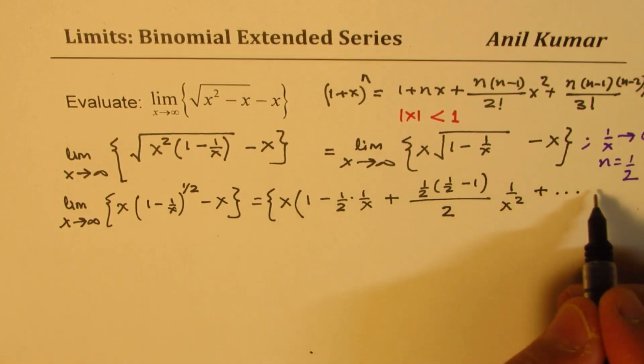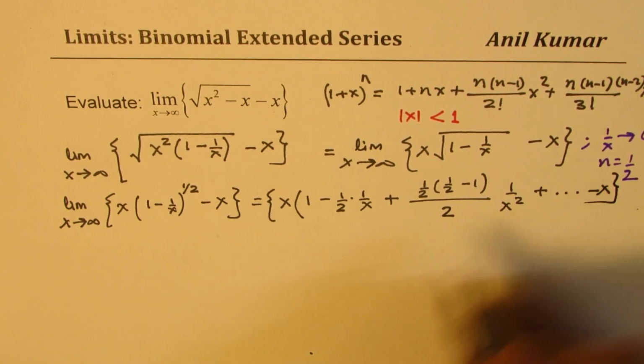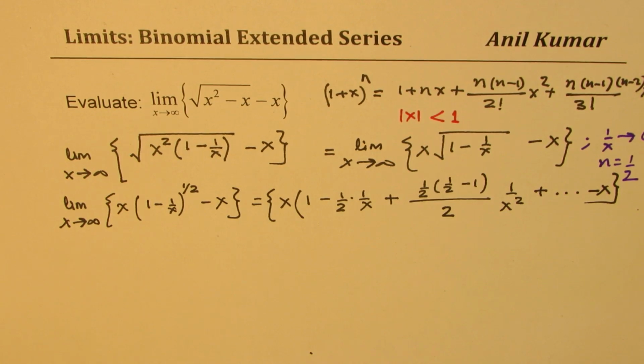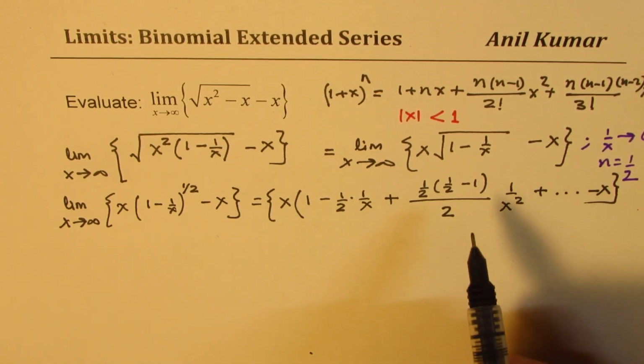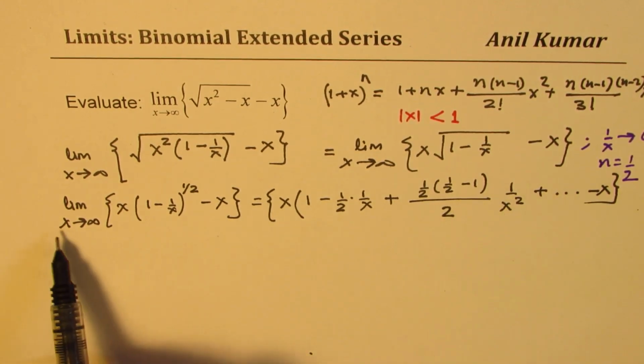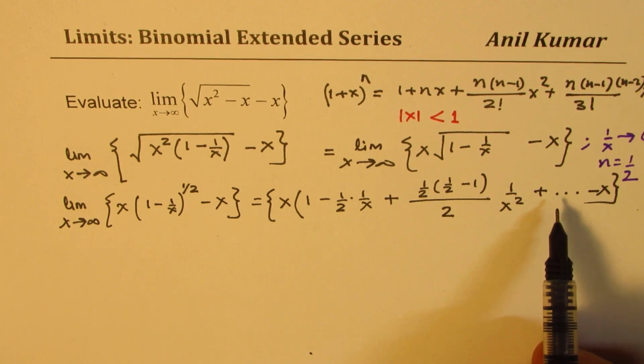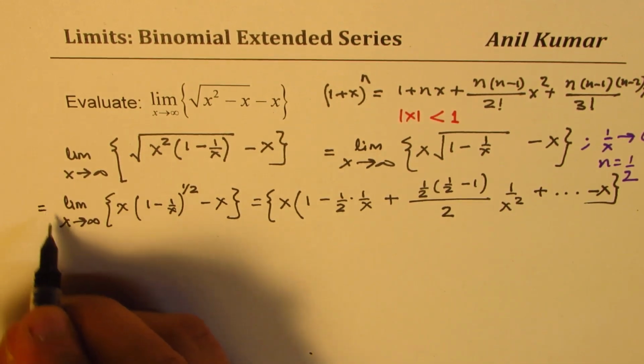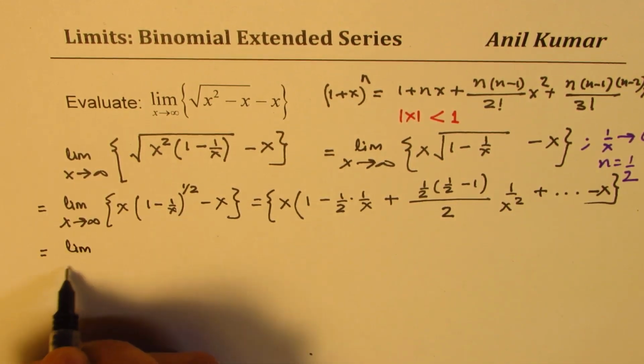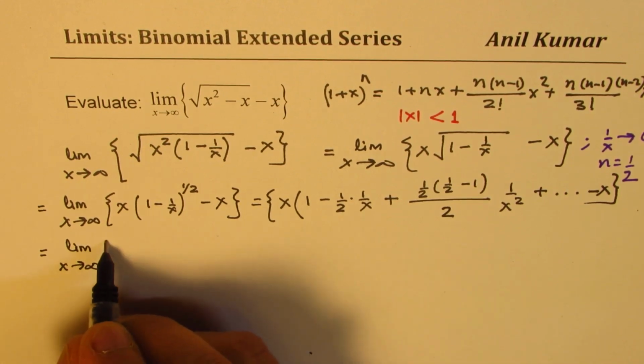And then we have at the end minus x. Do you see that part, right? Now, as we go further, since x approaches infinity, we'll have higher powers of x, so 1 over x squared will be 0. That's why we're not writing those. Clear?